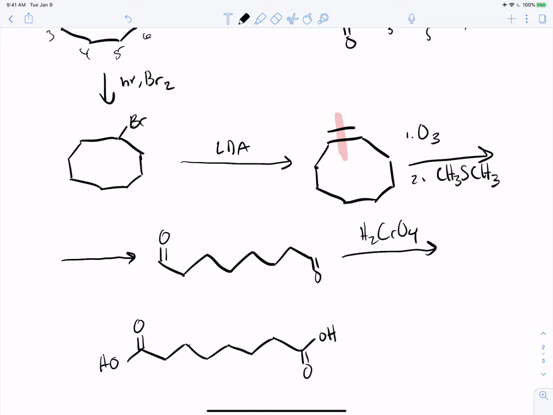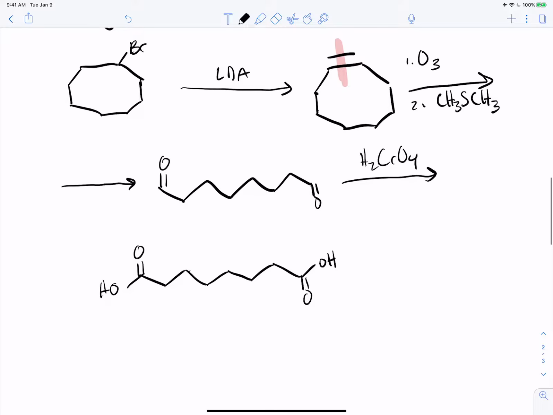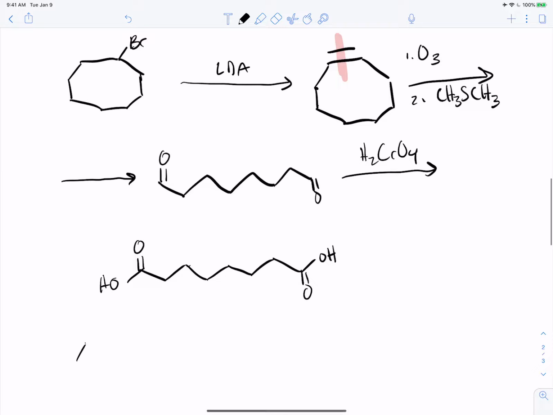The other way you could try and get through this problem, which I think would also work, and might be what the workbook wants you to do, would be to use Br2 here.